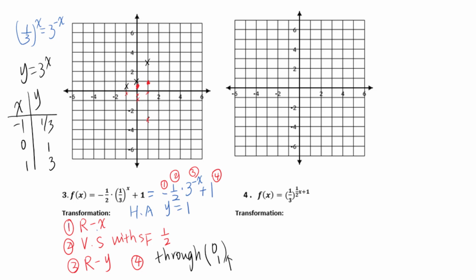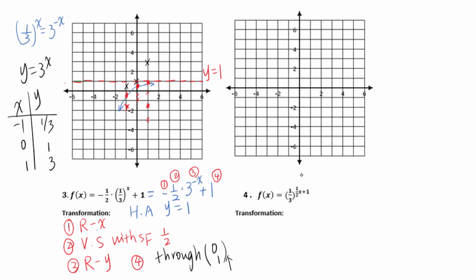Vertical stretch with the scale factor 1/2, go here, this one. Then reflect across the y-axis, go here. Go up 1, it's here. This point, y equals 1 is a horizontal asymptote line. Then we will connect these 3 points. This will be the graph.